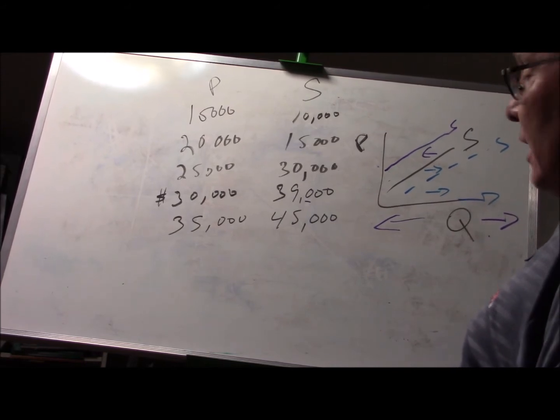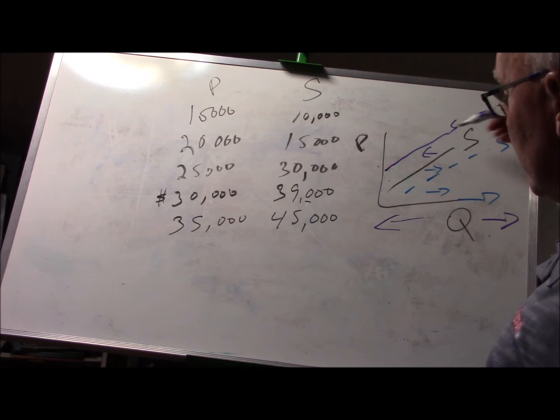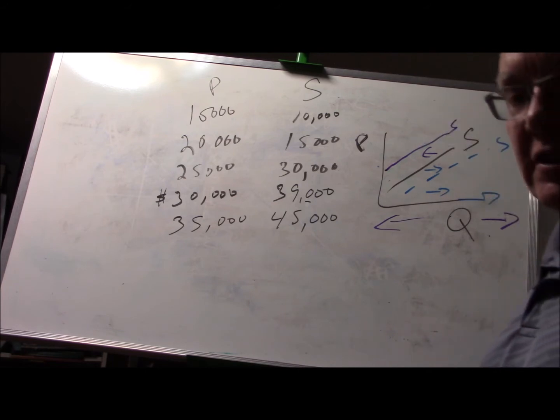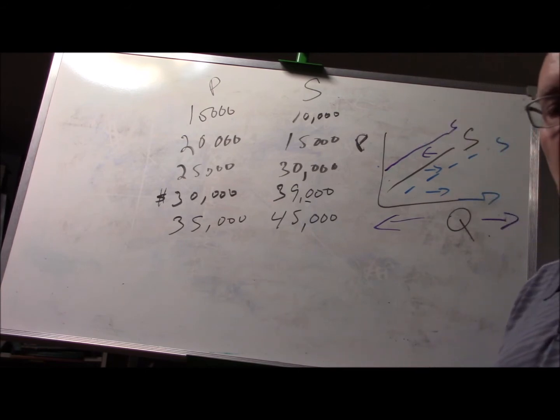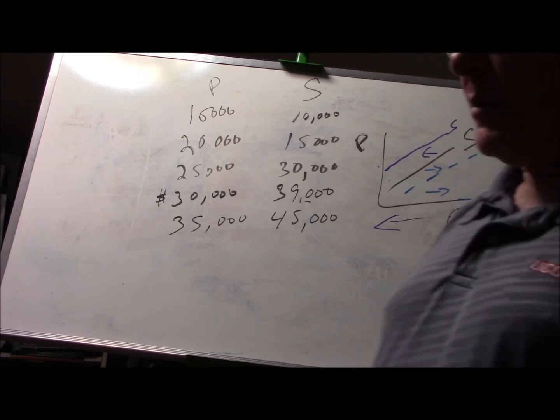Greater quantity, lower quantity. Lower quantity is to the left. So if this supply curve shifts to the left, it means that at any given price, we're willing to supply fewer items.